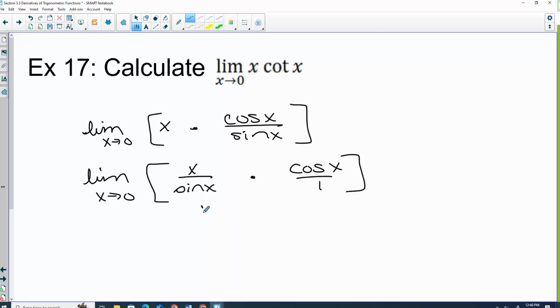What does x over sine x go to when x is approaching 0? 1. What's cosine of 0? 1. So 1 over 1, so we just get 1.